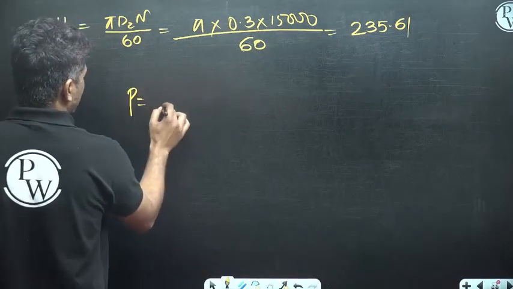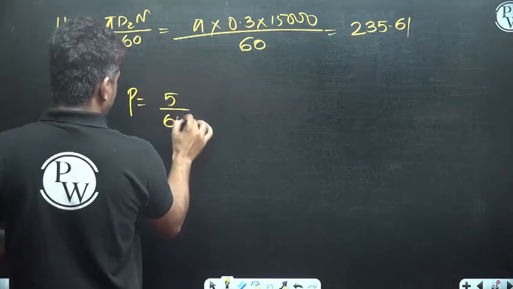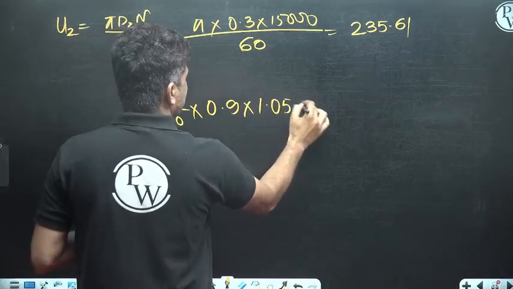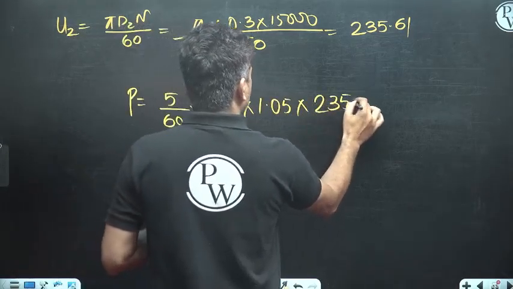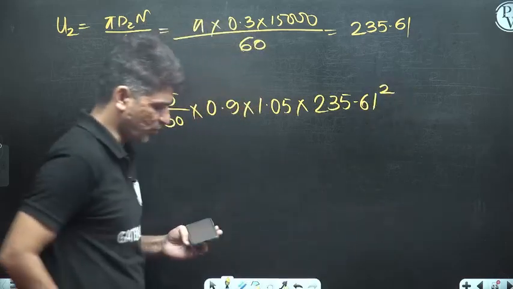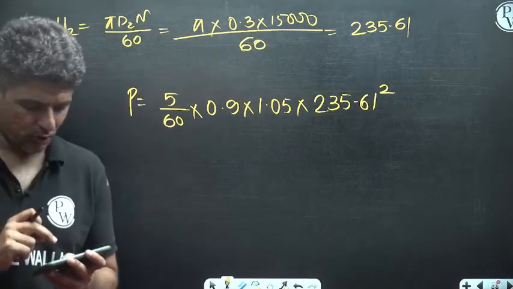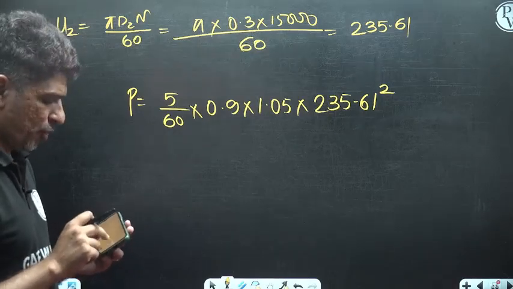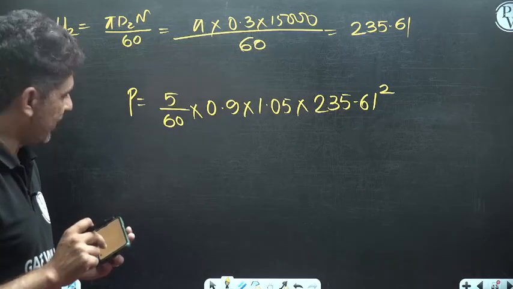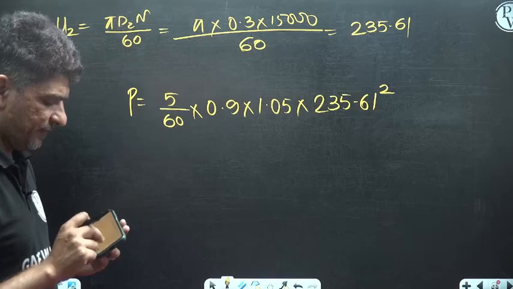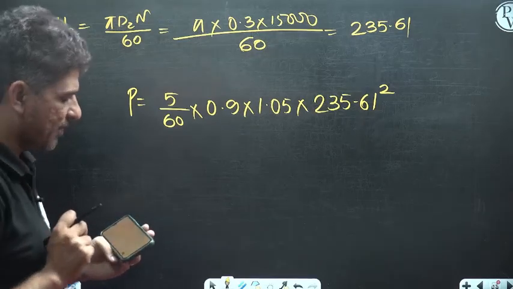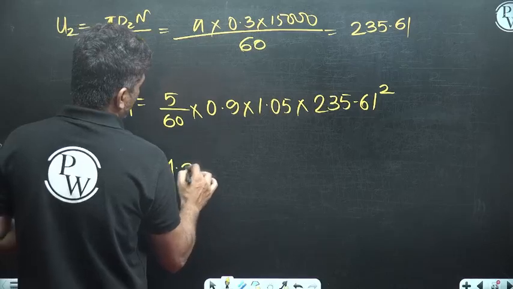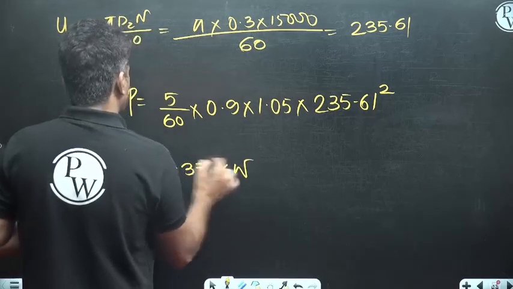So power will be equal to m dot, that is 5 divided by 60, multiplied by 0.9 multiplied by 1.05 multiplied by 235.61 whole square. So I will get 55.516 multiplied by 0.9 multiplied by 1.05 multiplied by 5 divided by 60. So this will come out to be 4.371. So power required is 4.37 kilowatt.